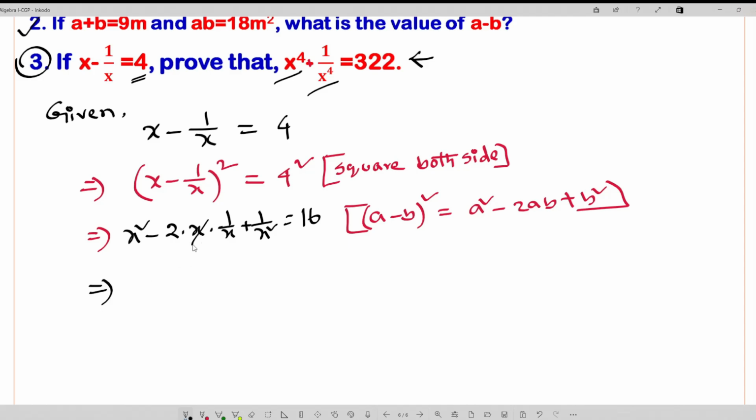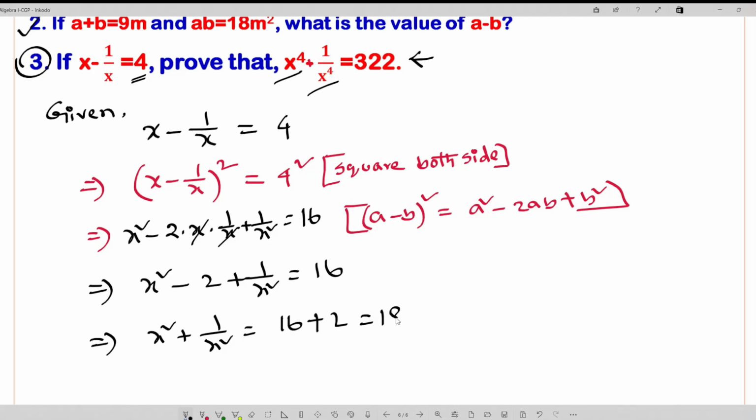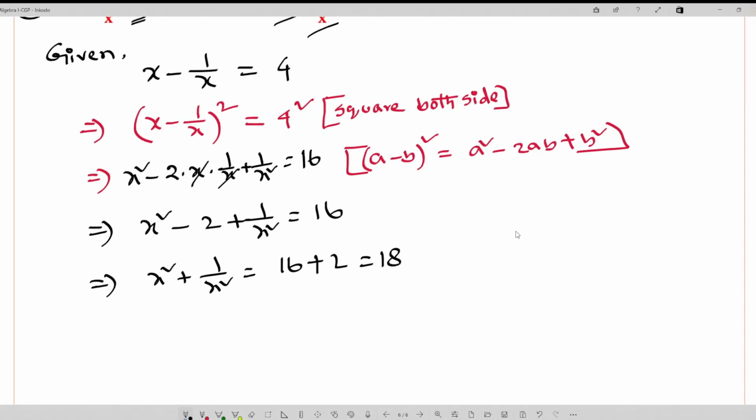Now look, this x and x cancel out, so here is x square minus 2 plus 1 by x square equals 16, and here x square plus 1 by x square equals 16 plus 2, so here is 18, right?